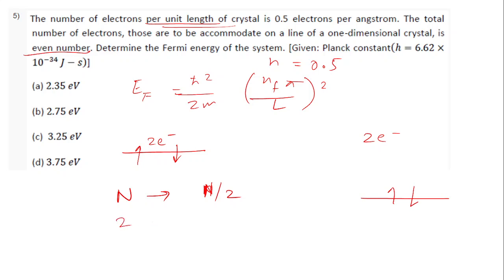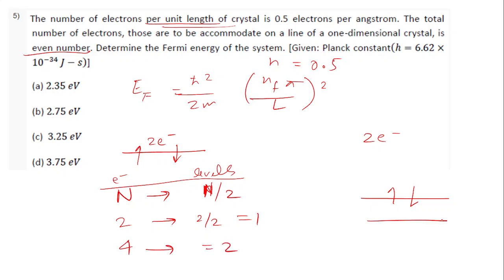If I have n number of electrons, then a total of n by 2 levels will be occupied. If there are 2 electrons, then 2 by 2 is equal to 1, so 1 level will be occupied. If I have 4 electrons, then 4 by 2 is equal to 2, so 2 levels will be occupied, because plus half and minus half, the spin will be different, and 1 level can occupy only 2 electrons.